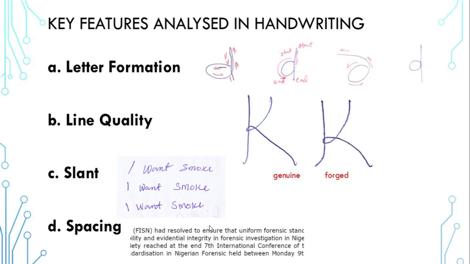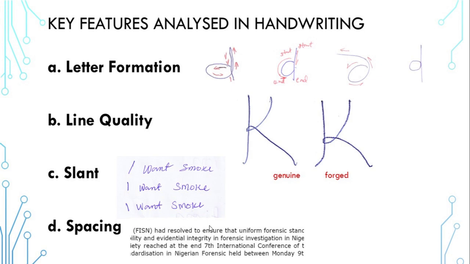We can only use individual characteristics, or at times we combine class characteristics with the individual. But individual characteristics is what is used to confirm that this document is from this source. That is, it can be used for identification or elimination.